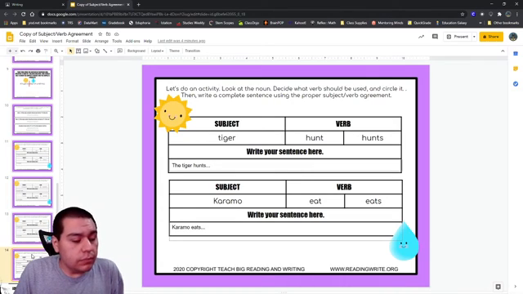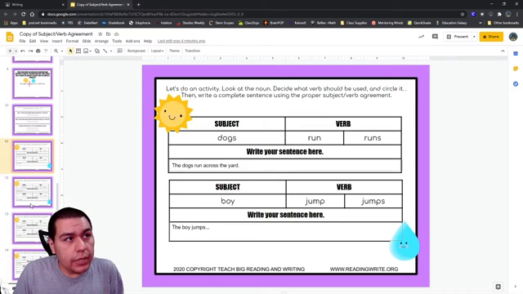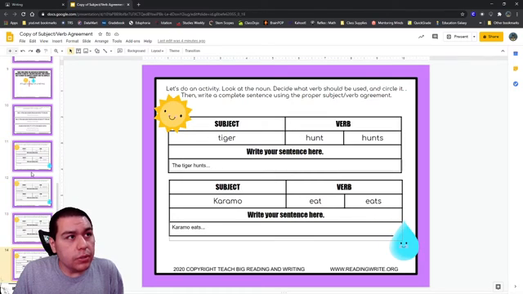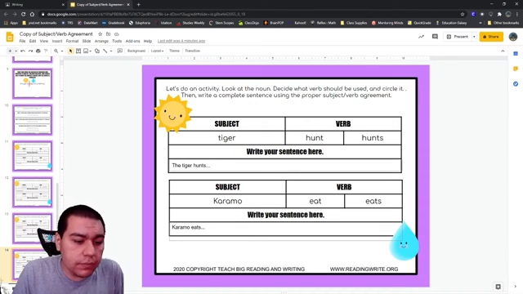You don't have to move the sun or the raindrop on those. Yeah, you don't have to move those. We did those ones together. The only ones you have to make sure that you have are these last four: 11, 12, 13, 14. Violet, you had a question?